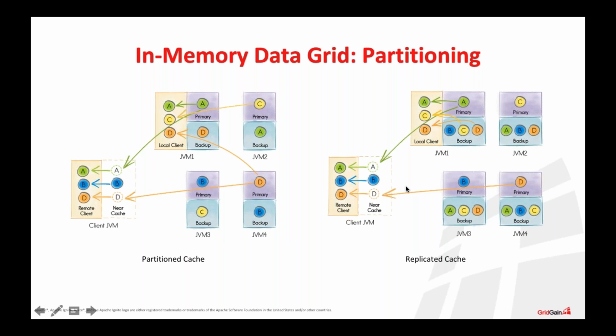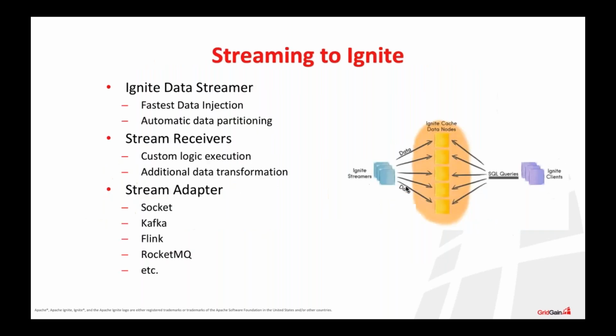Replicated caches are good for the scenarios when you just need to store reference data like currency exchange rates, and if the data is not updated frequently. So you can consider to use replicated caches. But for most of the scenarios, partitioned caches are the workhorse of distributed systems like Apache Ignite.